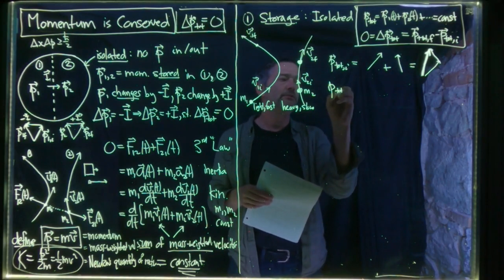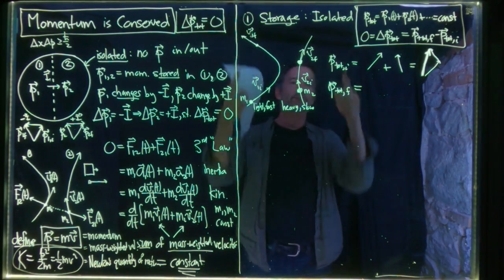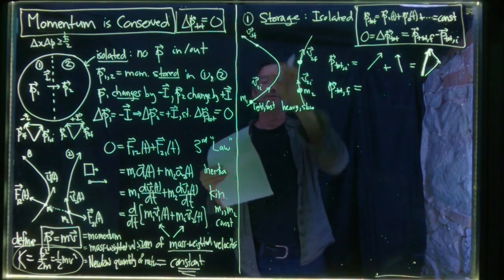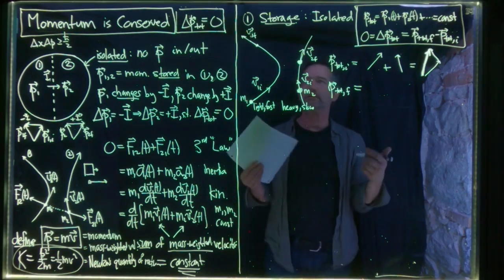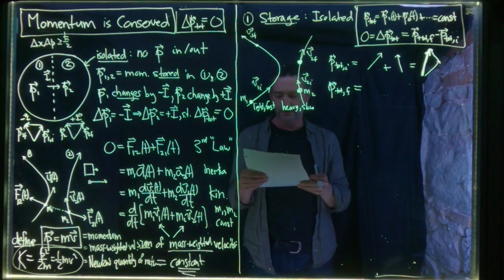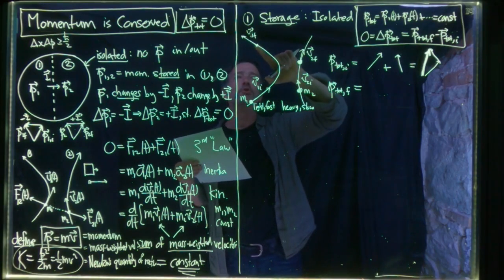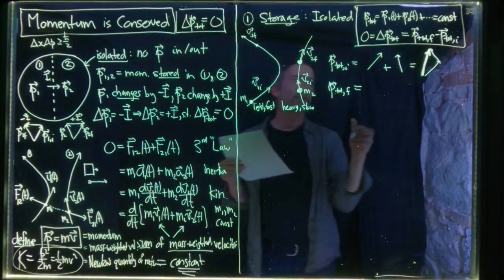Okay. And then P total final in this picture. So P total final, what is that? Well, after the interaction, whatever that interaction was, the individual momenta will have changed, but the sum of those momenta will not have changed. And so how does that look graphically? Well, the momentum, the quantity of motion of particle number 1 after the interaction, is in the direction of the velocity.